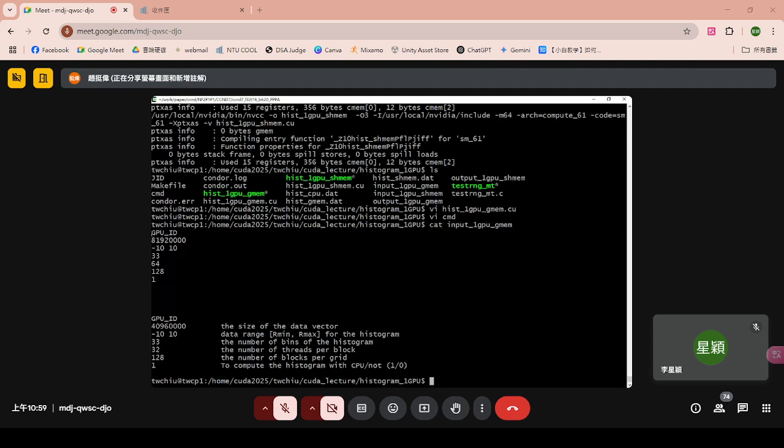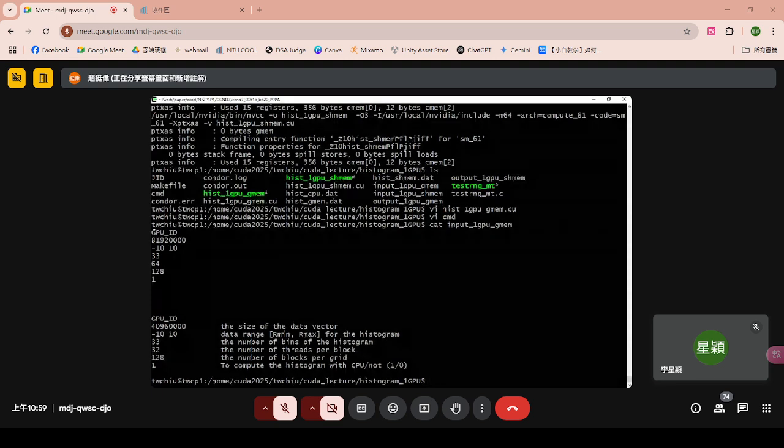This is the GPU ID, the device number, which will be assigned by Condor. It will be either 0 or 1, depending on which GPU is available.